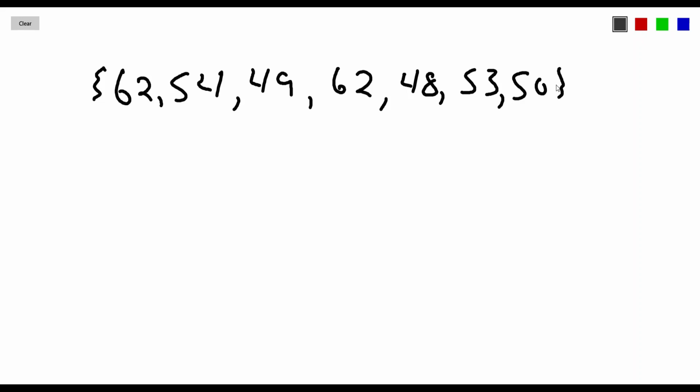So what we need to do, again, is add up all those numbers together to get our mean. So let's go ahead and add those up. 62 plus 54 plus 49, plus 62 plus 48 plus 53 plus 50 equals 348.